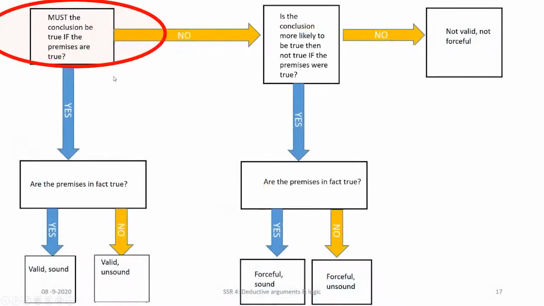All right, so what we're talking about so far, if we're trying to assess deductive validity, is the first step in this diagram. So all we're doing when assessing an argument is first a logical assessment, which means checking if the conclusion must be true if the premises were true, and if that's not the case, we'll check for inductive force, which means checking whether, if the premises are true, the conclusion is more likely to be true than not.